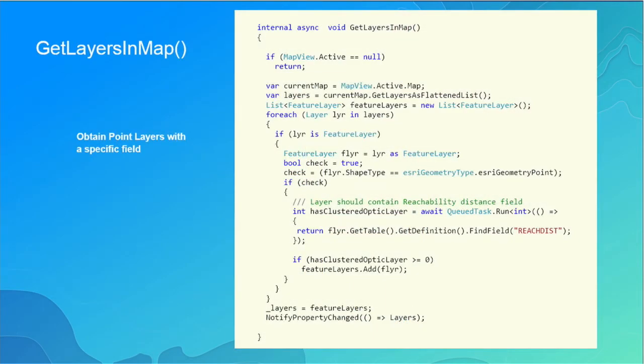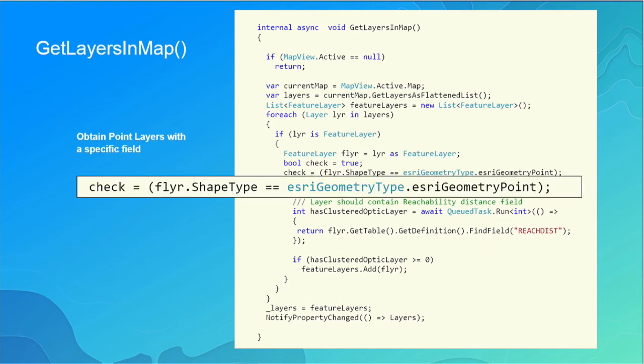Okay, how is the method in C# that we are going to use to get the layers? First, we need to check which geometry is the one that we want to obtain. We want only the data set that contain points. Okay, we have here the feature class, and we say, okay, give me the feature class, the shape type has to be equal to point geometry. And okay, from all the shape files and all the feature class that you have in the TOC, the system is going to select only points.